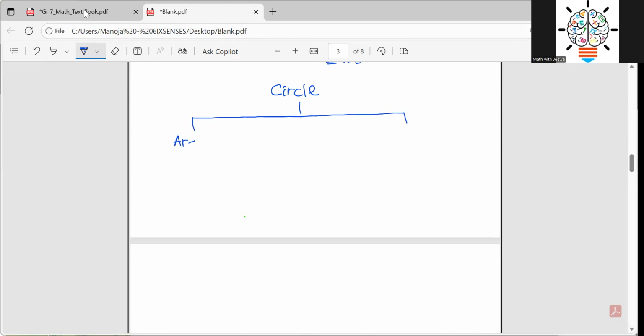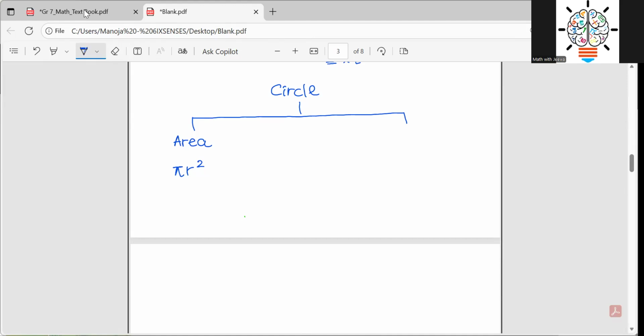They have found a special formula, πr squared. Here, r is the radius of the circle. What is π? It's a special mathematical symbol. Later you will learn what it is. Mathematicians have again done so many researches and experiments, and they have found the numerical value of this π symbol. I will tell you what it is after explaining the perimeter.